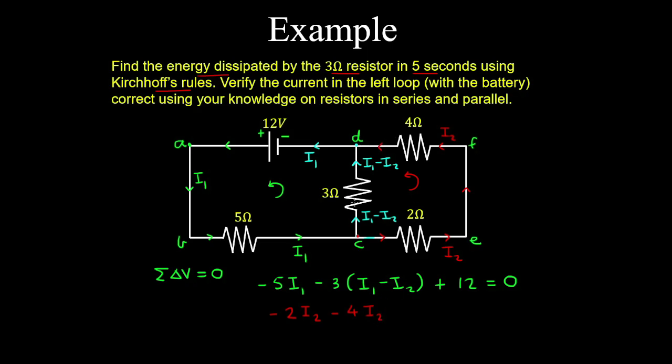And travelling from D back to C, we're going against the current. So there's a potential increase across the 3 ohm resistor of 3 by I1 minus I2. And by Kirchhoff's rule, the net change in electric potential is 0.